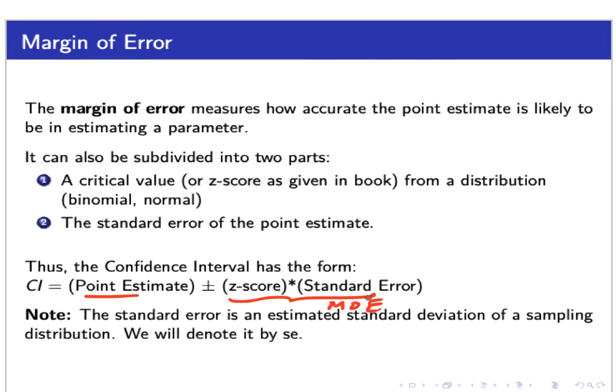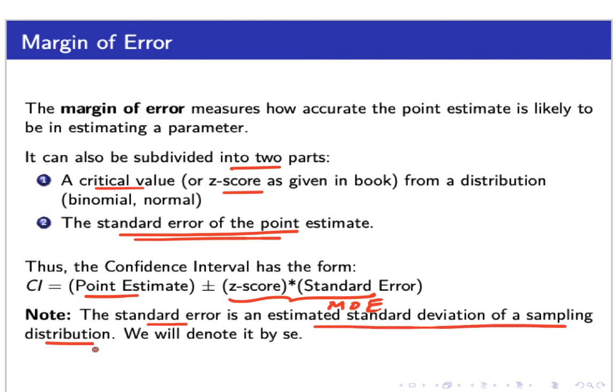The margin of error can be divided into two parts: the critical value, that means the z-score, depending upon what distribution we have, and the standard error of the point estimate. The standard error is defined as an estimated standard deviation of a sampling distribution of the sample statistic. We use SE for the standard error.